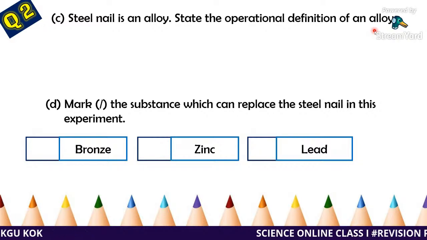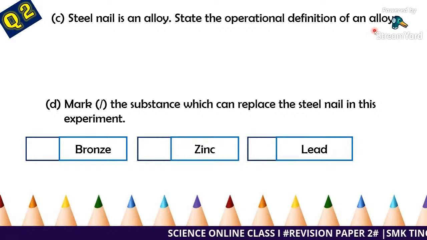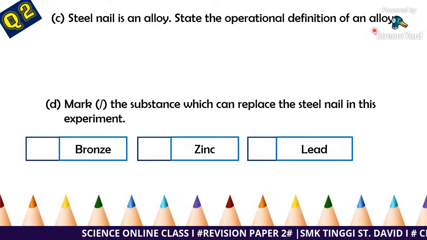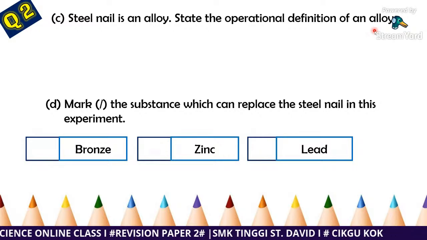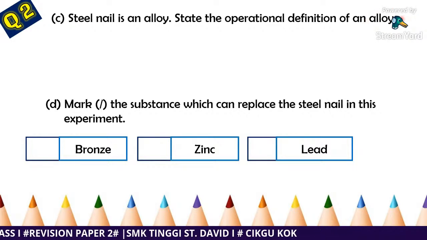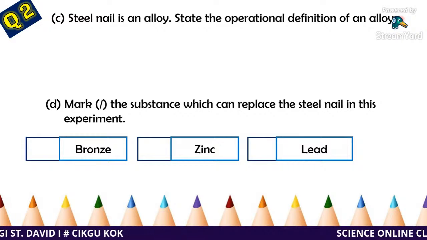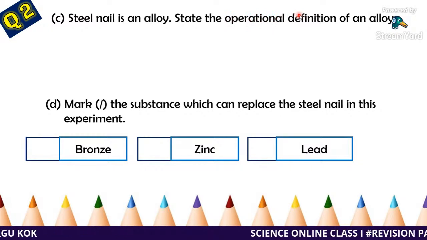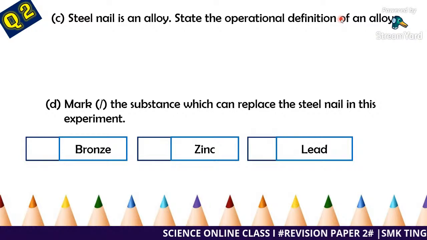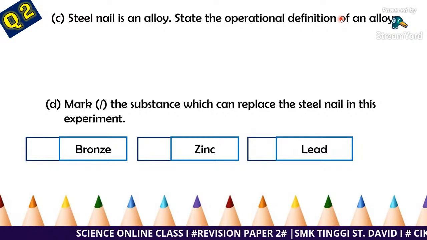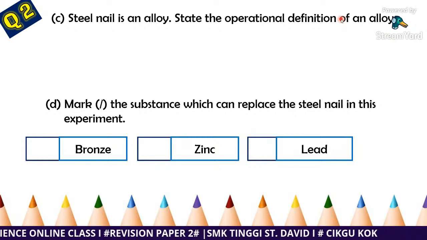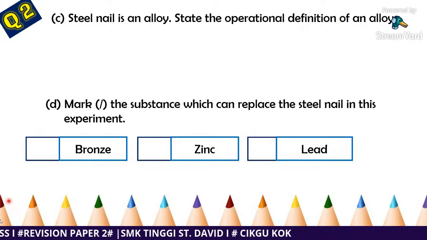So you must say alloy is a metal and also does not rust when you put it inside the water. So you mention alloy already, then you refer back to what they show you. Remember, operational definition of something, that one is an object. So you bring the object to the front, and after that you add the word is. I will show you the answer.